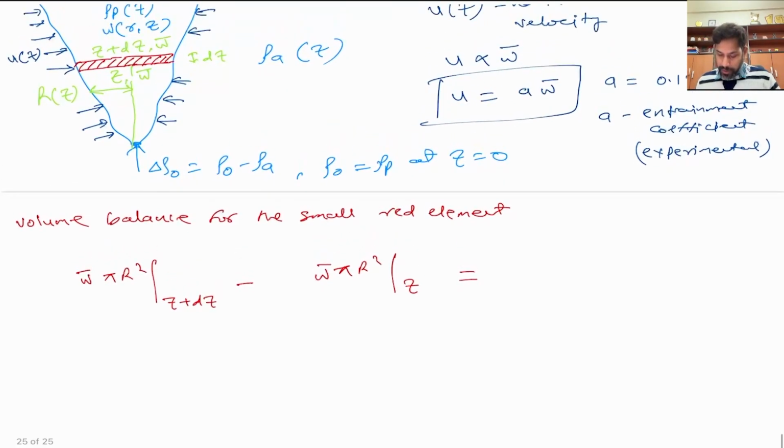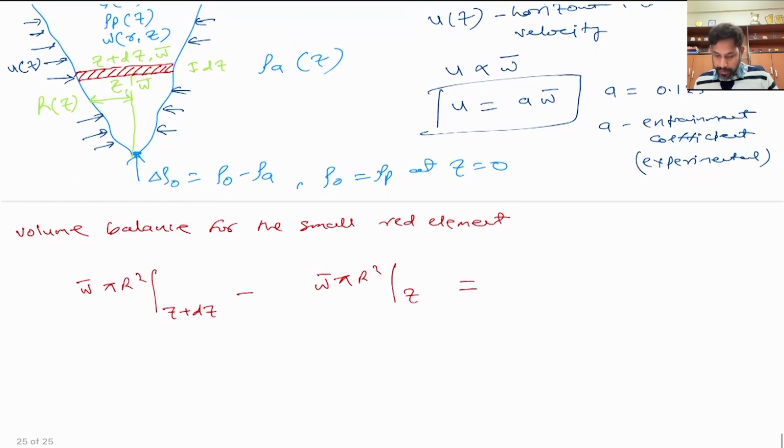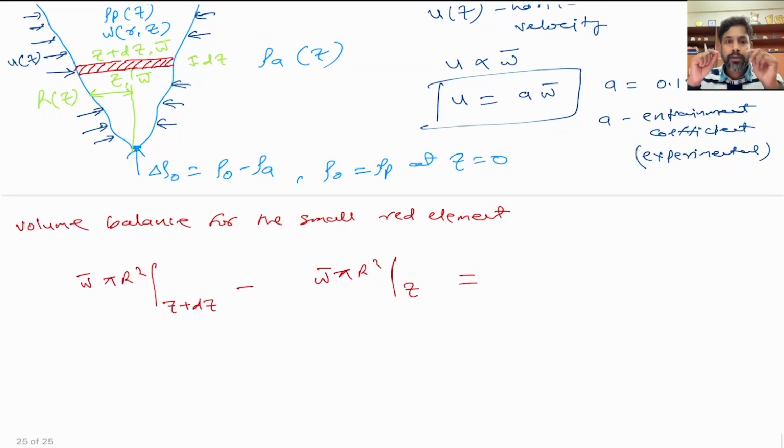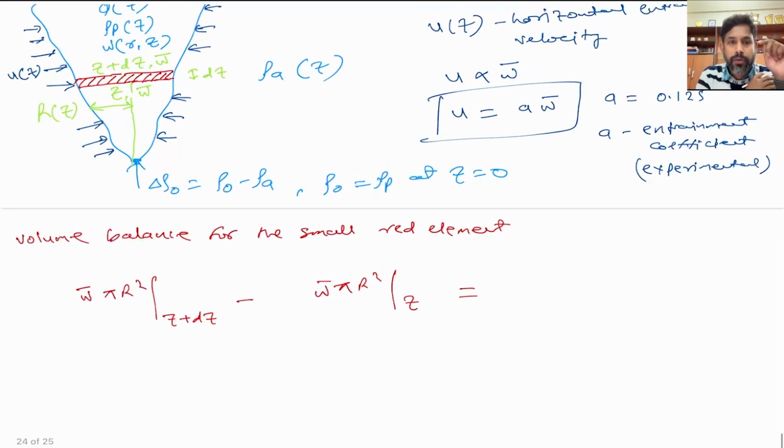Now coming back to the volume flux balance in this case. There is obviously a change of volume if you go from the lower part of the red element to the upper part, because the upper part has broadened. That means more volume is going through that part.